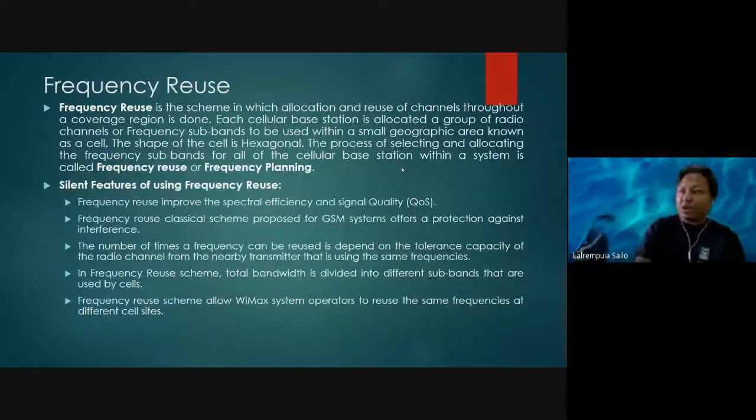So frequency reuse is a scheme in which allocation and reuse of channel frequency throughout the coverage region is done. Each cell base station is allocated a group of radio frequency subbands to be used within a small geographical area known as a cell.